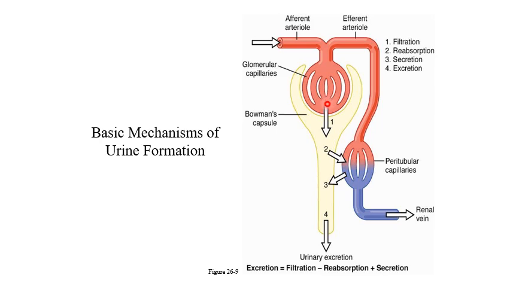So substances and fluids will be filtered from the glomerular blood into the Bowman's capsule, and then this fluid will undergo several processes and changes in content.